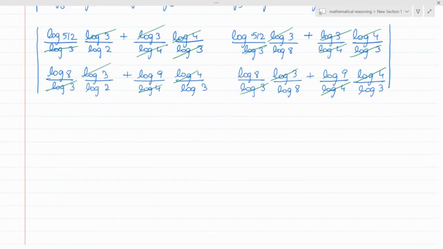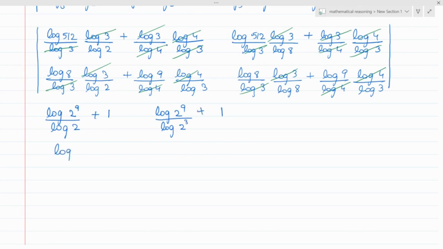You can write it like this. Log 512. So what is log 512? It's nothing but log 2 power 9, and the base we have is log 2. Plus 1, because nothing is there. And here also log 512 can be written as 2 power 9, and 8 can be written as 2 cube, plus 1.